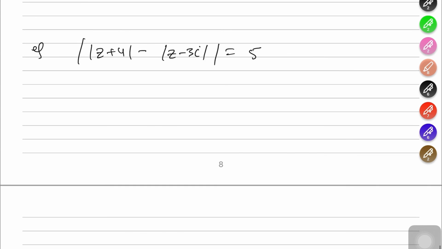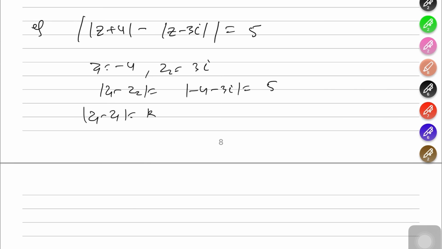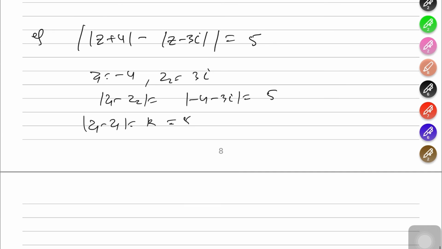So z1 is equal to −4, z2 is equal to 3i. What is z1 − z2? That is −4 − 3i, so this clearly represents a 5. Since the difference is equal to k, that is 5, obviously this represents a ray.